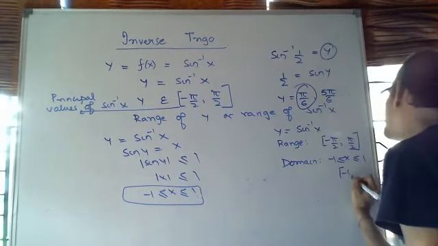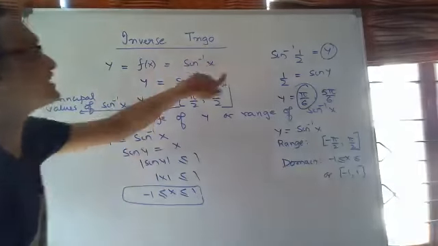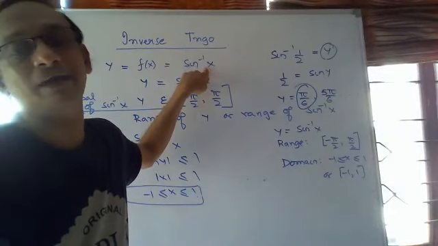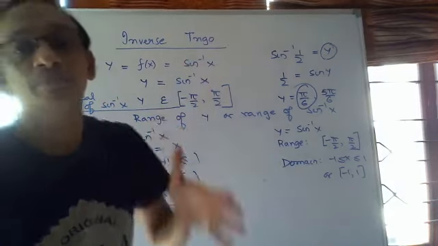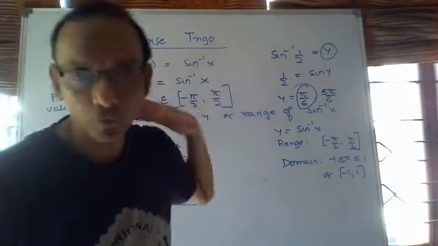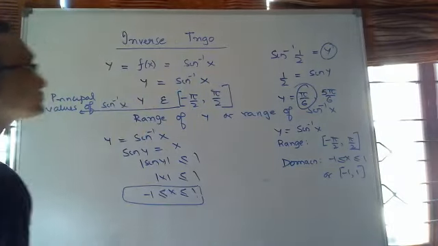So for sine inverse x, the output should always lie in the interval minus pi by 2 to plus pi by 2. The input, which is x, the domain, must be numerically less than 1. X must lie from -1 to +1 for sine inverse x.